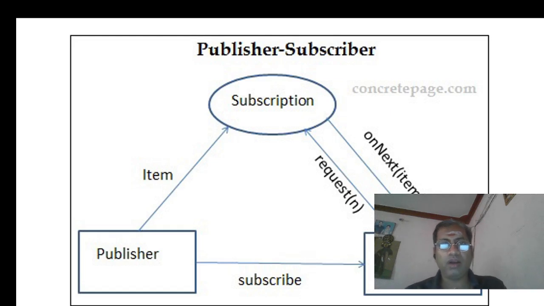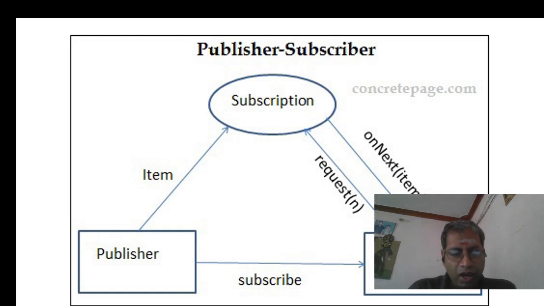Now going to this publisher subscriber, if we see, we have the objects subscriber, publisher, and the subscription. The subscriber wants updates from the publisher.